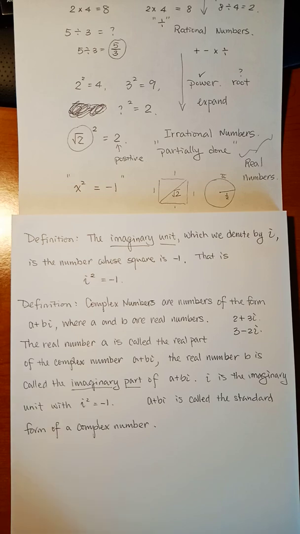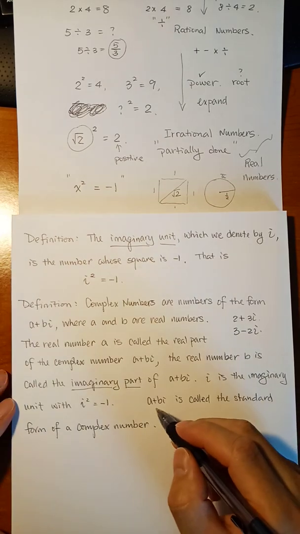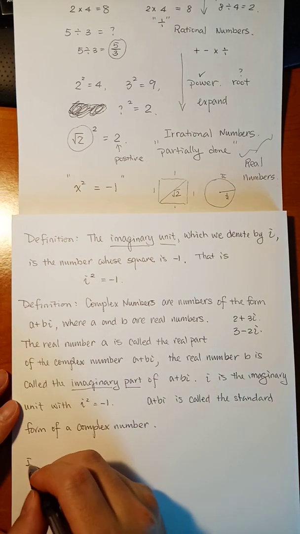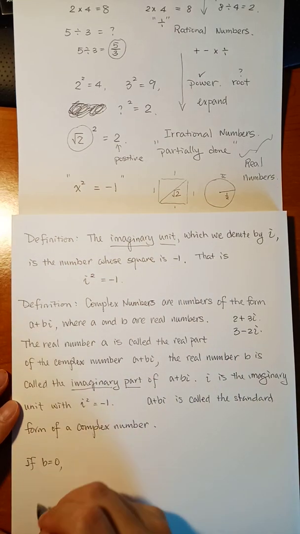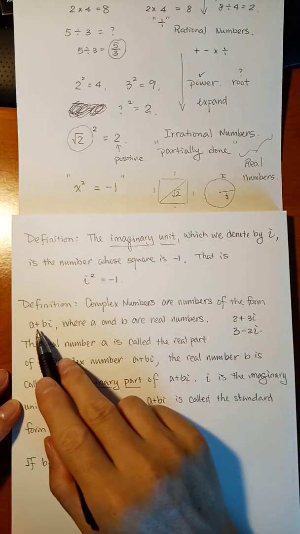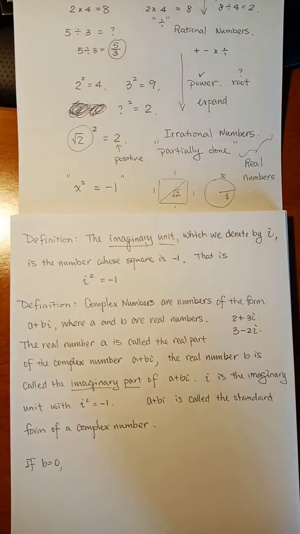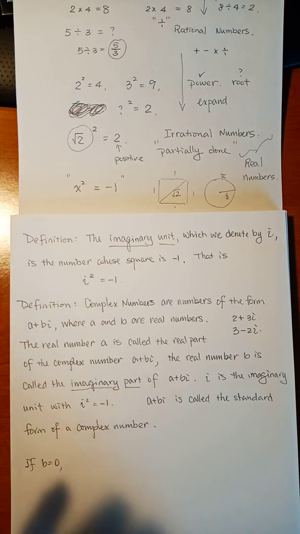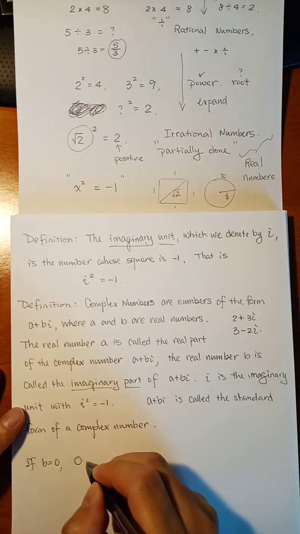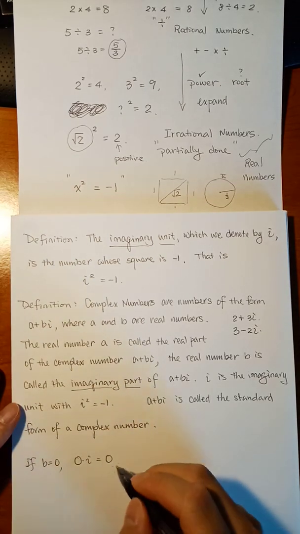Okay, when we have a complex number, we will see that if b is equal to 0, a plus bi, 0 times whatever number, it doesn't matter whether you have integers, negative numbers, fractions, irrational numbers, or complex numbers, 0 times whatever number is always 0.